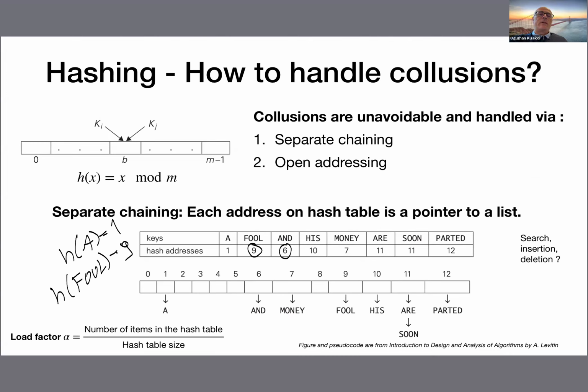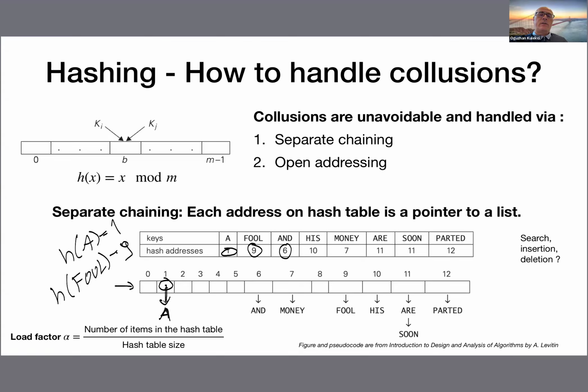Now I will try to do it. Since the hash of A is equal to 1, I will go to my hash table, position 1. At this position 1, I have a pointer, and this list is currently empty. So I just put A here.